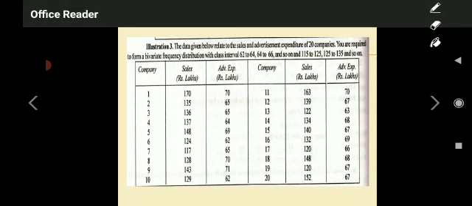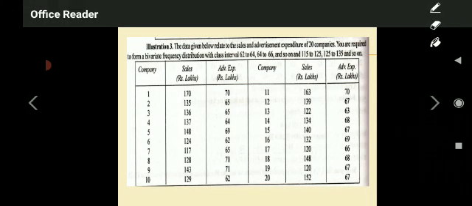Okay, look at the calculation part. How to calculate bivariate distribution if it is there in the examination. It is a little interesting, but you have to have patience to understand over here. The picture is given like this in the examination. The question is like: the data given below is related to the sales and advertisement expenditure of 20 companies.